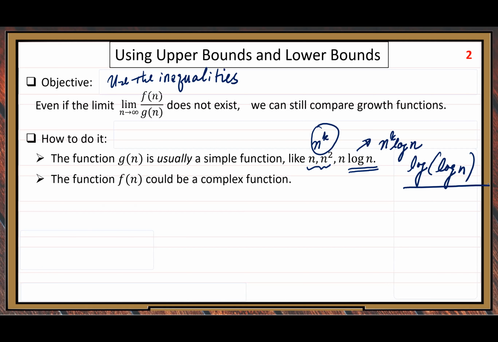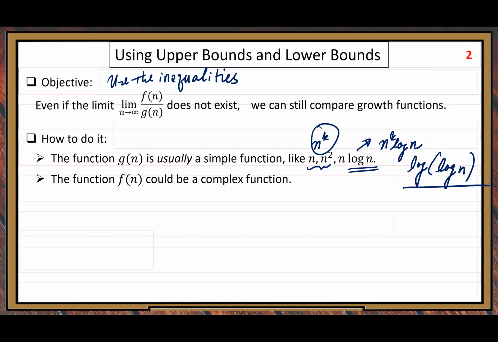The function f of n could be a more complicated function. Basically, we use a simple g function to describe the complicated f function.